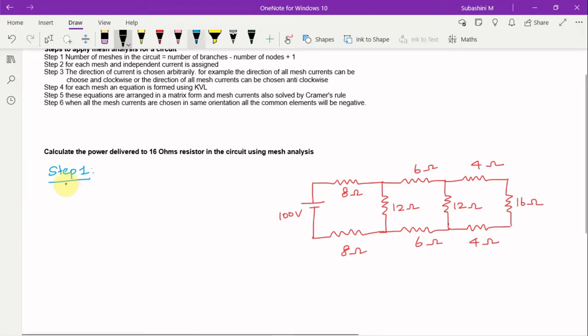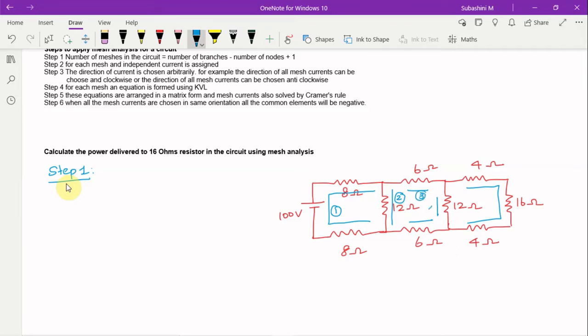You can see that this is one branch where the current through all the elements will be the same, and this is another branch, another branch, another branch, and another branch. So I can say that this is the first branch, second branch, third branch, fourth branch, fifth branch, sixth branch.